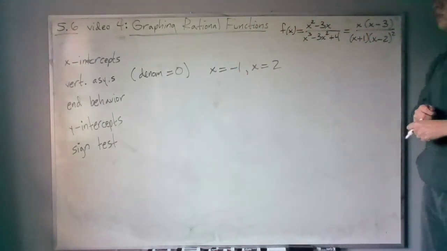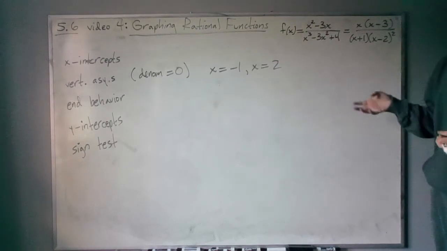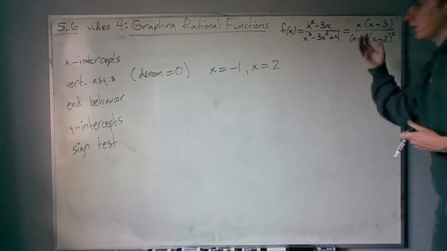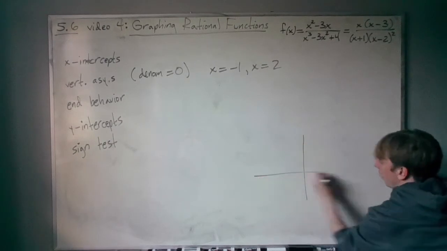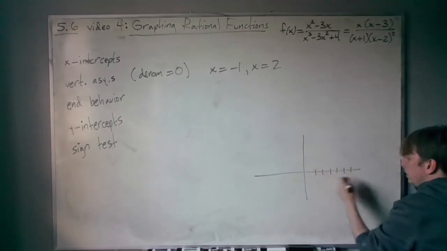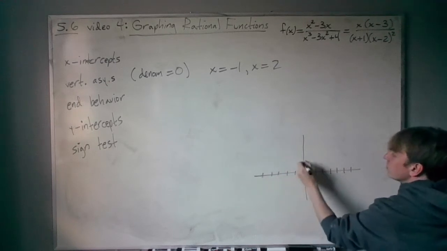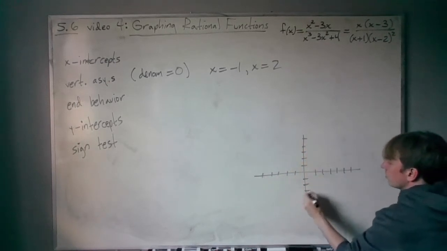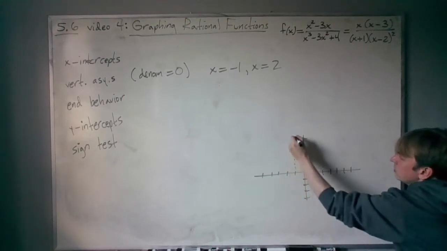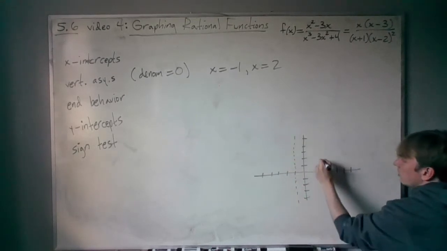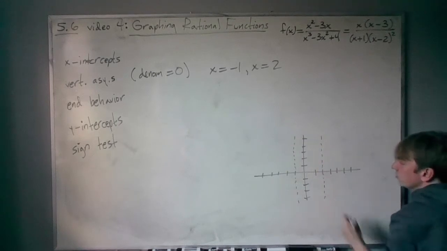So we're going to have two vertical asymptotes. So why don't I already just start with drawing a picture, and as I figure out more and more information, I'll put it on the graph. So we have a vertical asymptote at x is minus 1, and another vertical asymptote at x is positive 2.